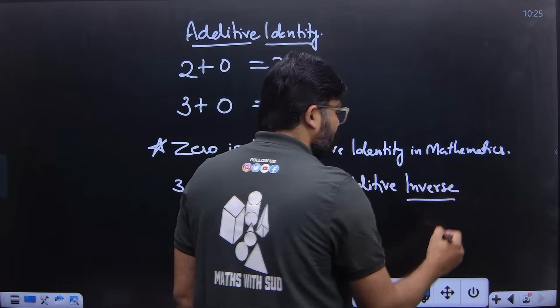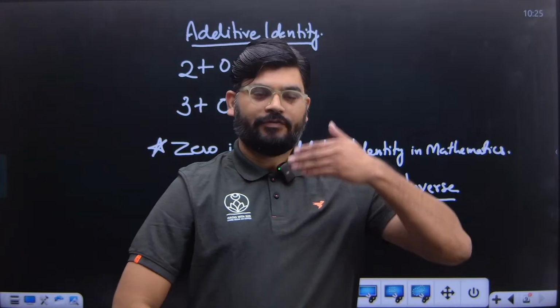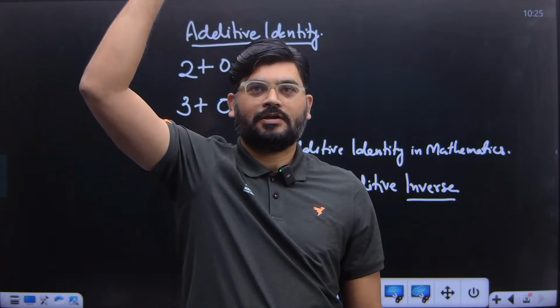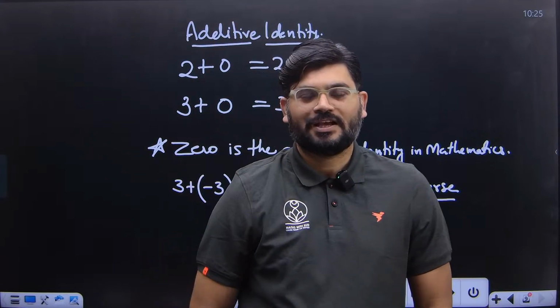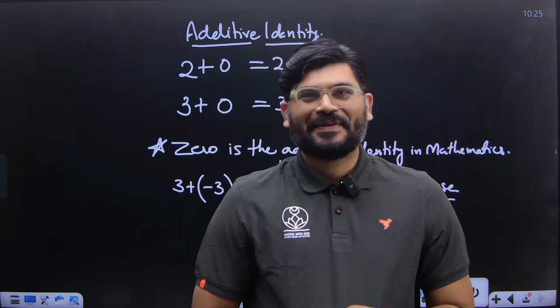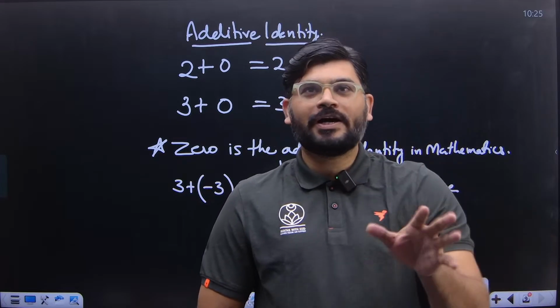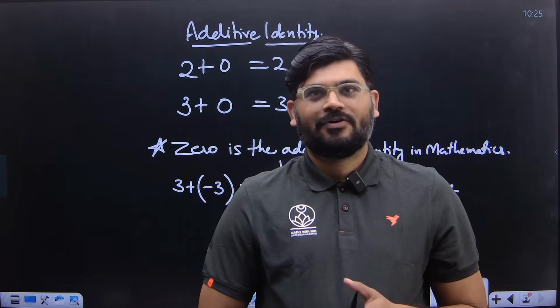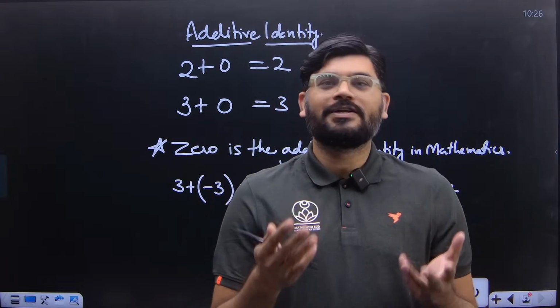You know what is inverse? If somebody stands on their hands, face down, legs up, we say it is vertically inverse. If you do a handstand, he will look at the world in a different way.